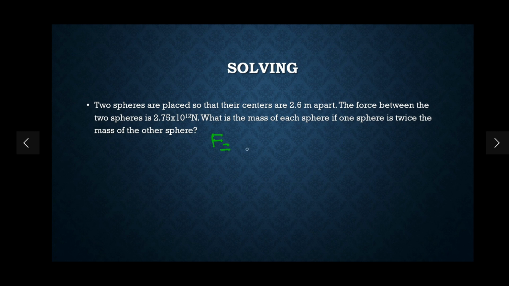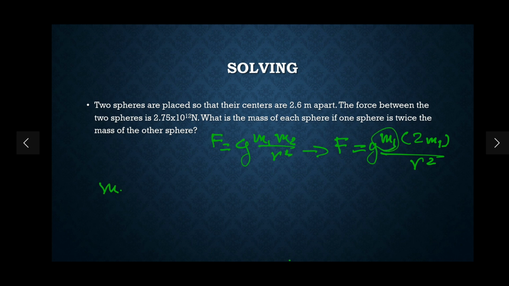F equals G m1 m2 over r squared, where m2 equals 2 m1, since m2 is twice m1. So F equals G m1 and 2 m1 over r squared. We need to find m1, so m1 equals F r squared over 2G.